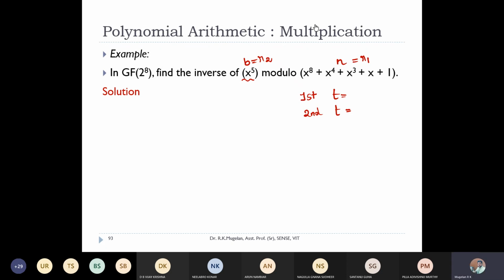If people are facing any difficulties, kindly notify me. I'll help you. First step you can easily find, because obviously you're going to get your quotient to be x cube. From this you can directly tell the answer for it.